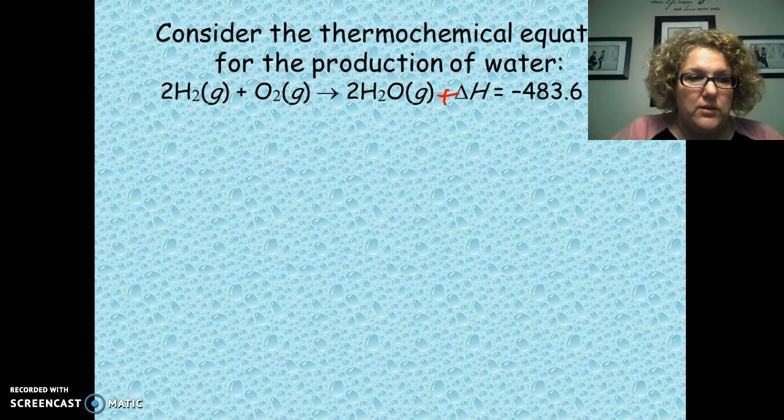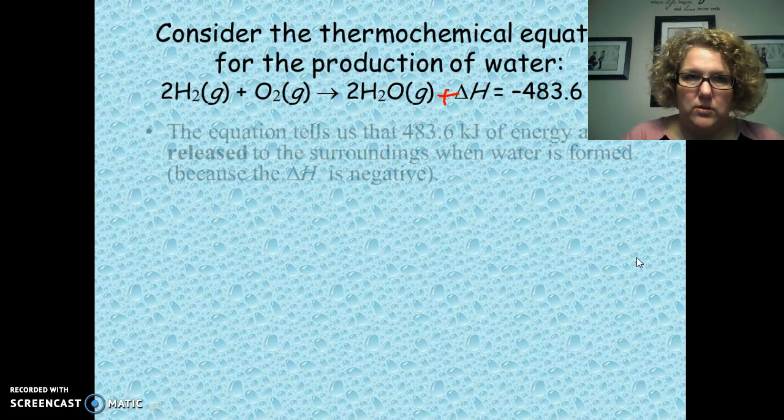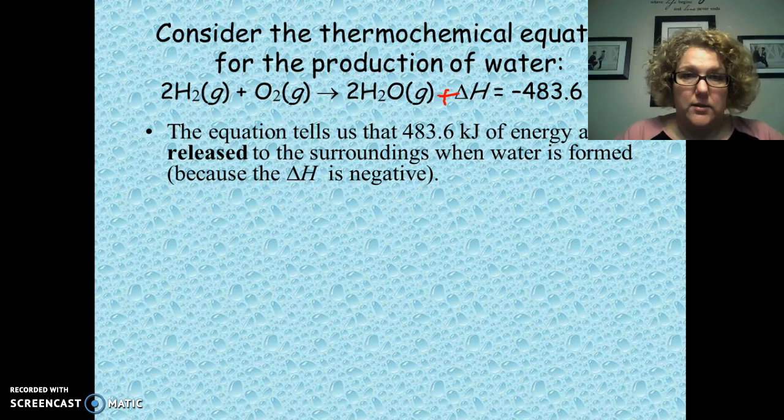Just all that negative is doing is indicating the direction. Negative means it's exiting the system. Positive means it's entering the system. So just pretend it's part of the balanced chemical equation. If you look at it like that, it's really easy to do these problems. So this equation just tells us that 483.6 kilojoules of energy are released to the surroundings when we form 2 moles of water.